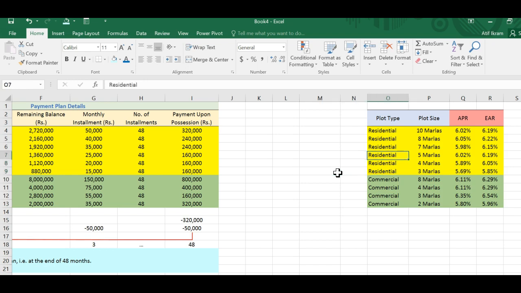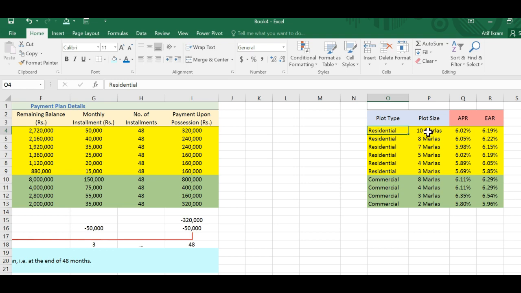The one thing that is clear, at least based on this payment plan, is that if you buy a residential plot versus a commercial plot, then keeping the size the same, it turns out that you are paying more interest on commercial properties than on residential.